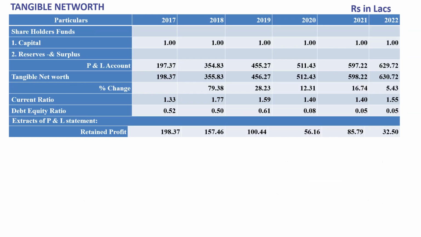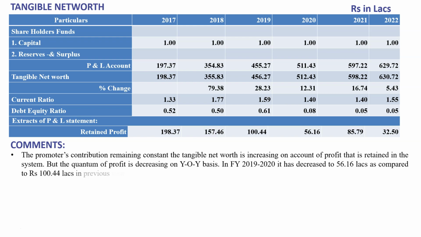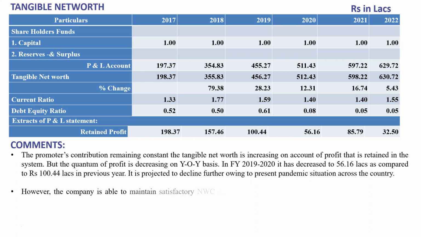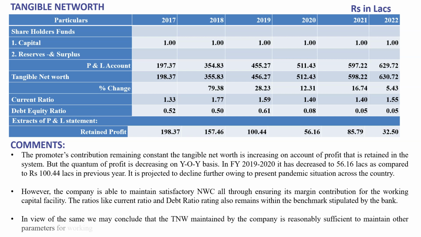If we express like this: the promoter's contribution remaining constant, the tangible net worth is increasing on account of profit that is retained in the system. But the quantum of profit is decreasing on a YOY basis. In financial year 2019-20, it has decreased to 56.16 lakhs as compared to 100.44 lakhs in the previous year.